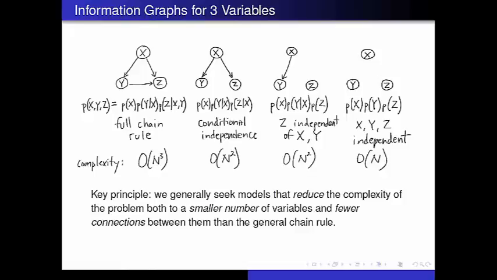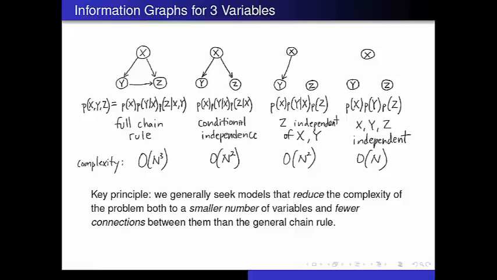So, there's a very simple principle in these pictures, but I think you'll find that they are useful tools for how to think about building probabilistic models. And we'll practice that today. Okay. So we're generally aiming, when we say we want to build simplified models, we're aiming to build information graphs with fewer edges, right?